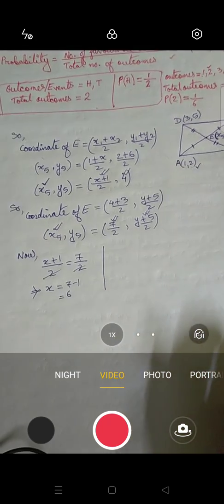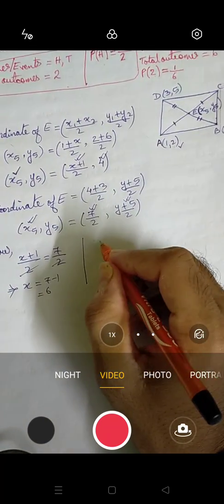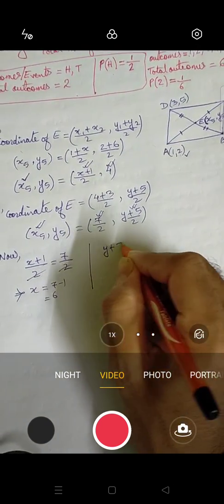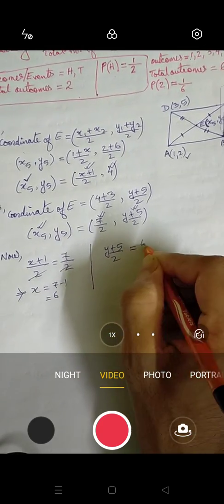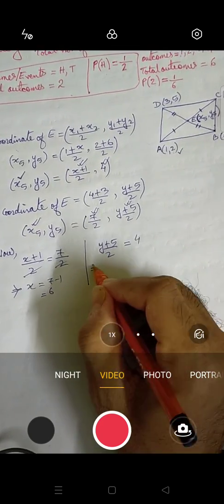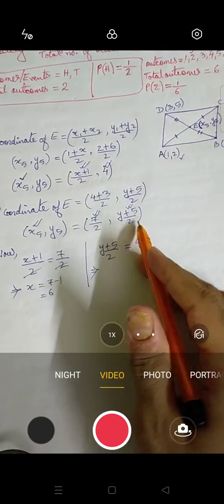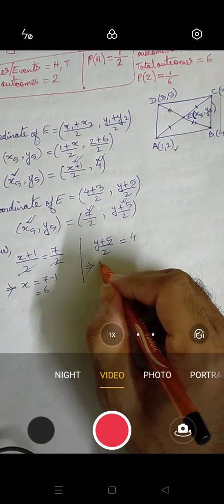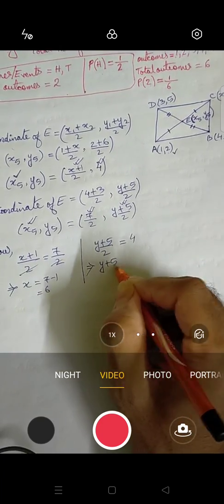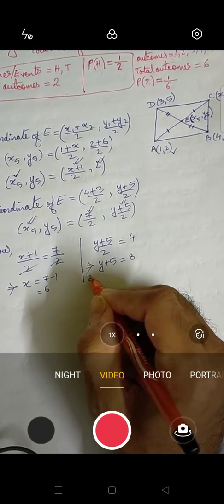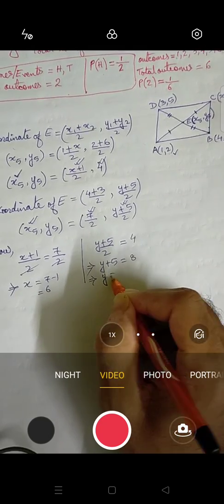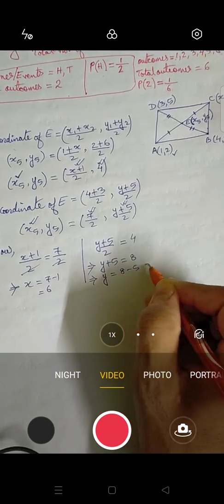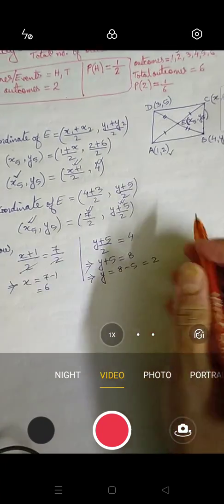So I can say that y plus 5 by 2 equals 4. Now when you cross multiply, you will have y plus 5 equals 8. Now this 5 will transfer there, it will become y is equal to 8 minus 5 equals 2. Sorry, 3. So you will be getting 3. That's all.